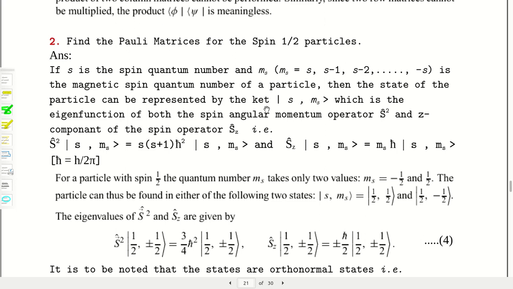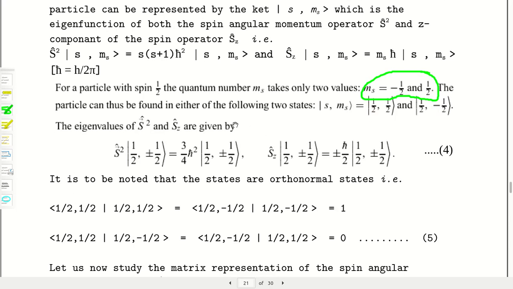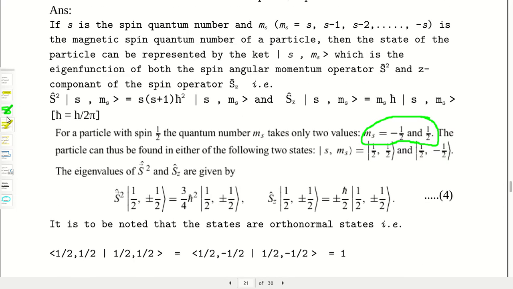So the kets will be two. It is written over here. What I have talked about is written over here. The state of the quantum mechanical system under the spin consideration is written like this: s comma ms. Because of two quantum numbers, you have to specify them to determine the state, that is the ket. It is the basis ket of the problem, which you should recall.